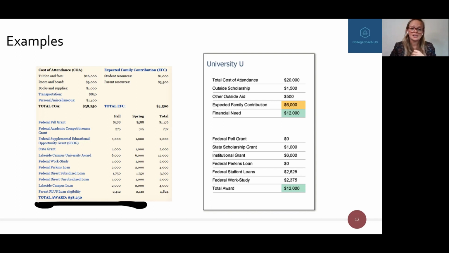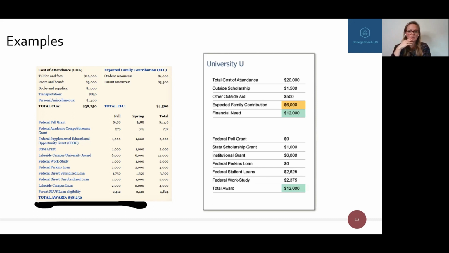Then they asked whether you're bringing some money with you by way of outside scholarships, and you are obligated to say yes if you are. It looks like this student is bringing a $2,000 outside scholarship and some other aid of $500. What they did is first subtract it from the need, taking it straight from the cost of attendance, because they're thinking, we don't have to cover it; this is money the student is coming in with.